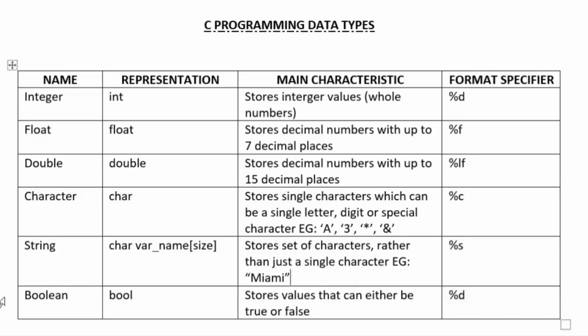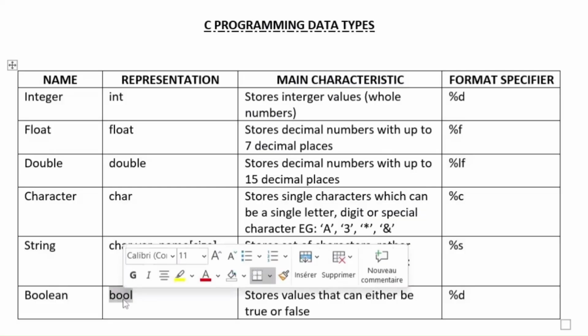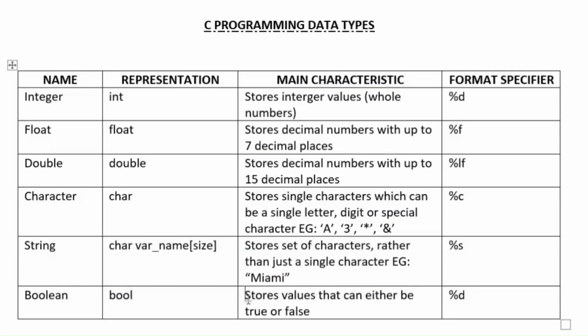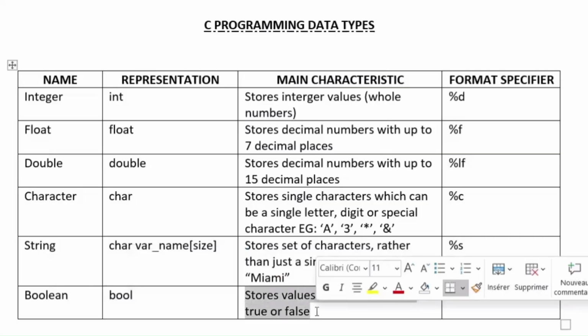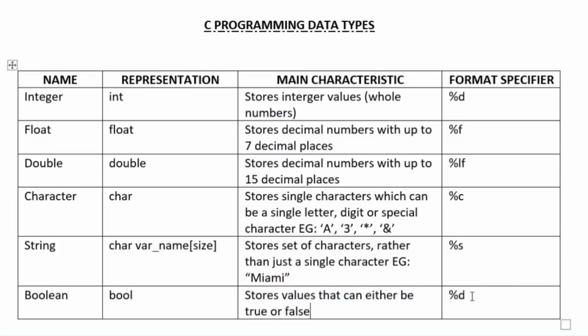And finally, the last important data type we are going to see is the Boolean data type, represented by bool, and this is a variable which stores values that can either be true or false, and its format specifier is %z.